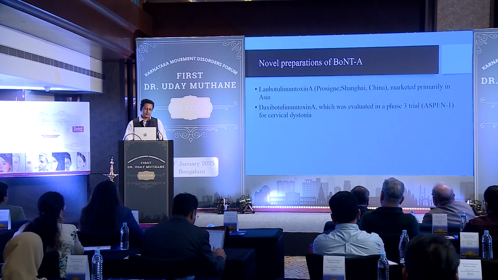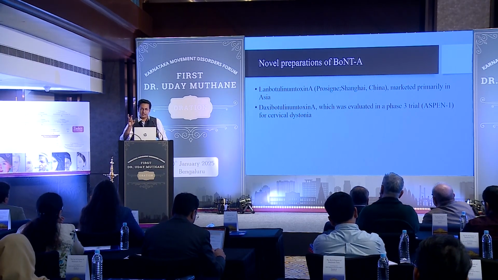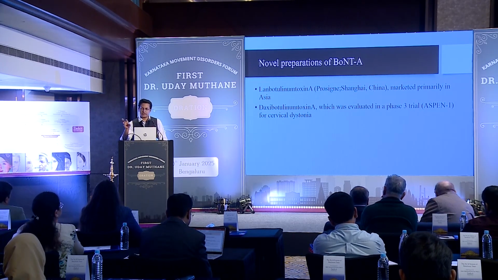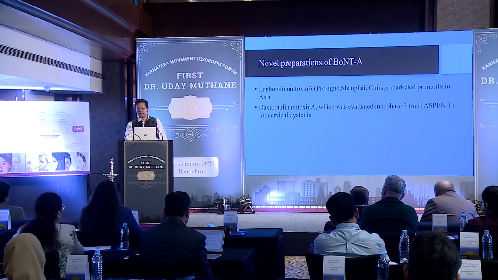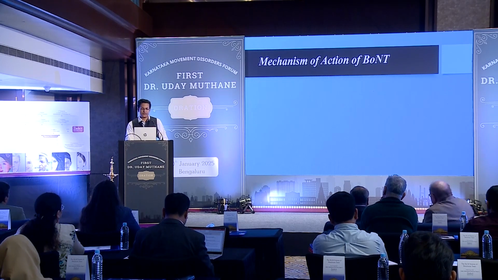But before you use daxi, it is advisable to use one of the initial ones like either Zarbot or Botox, and be very careful regarding the muscles that you select. Once you are sure about the muscles that you have selected and you know the outcome is good, then you may go for the same units of daxibotulinum.